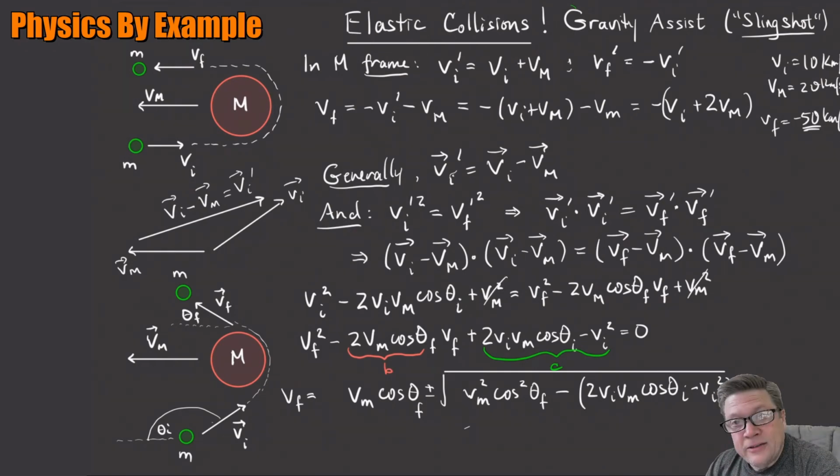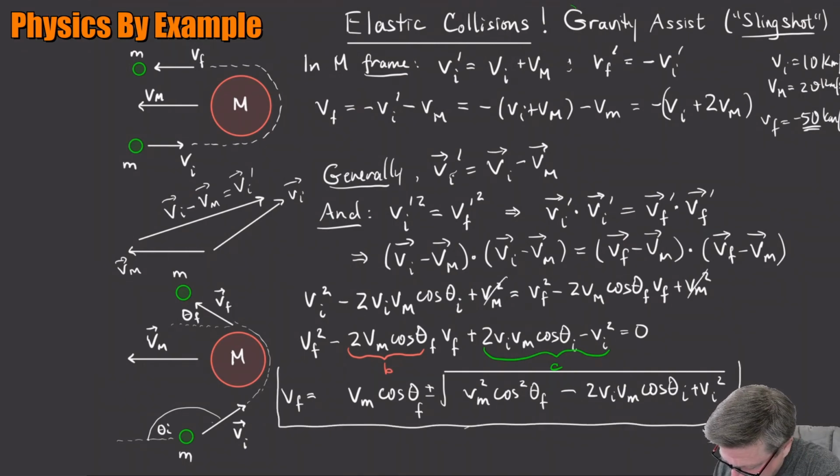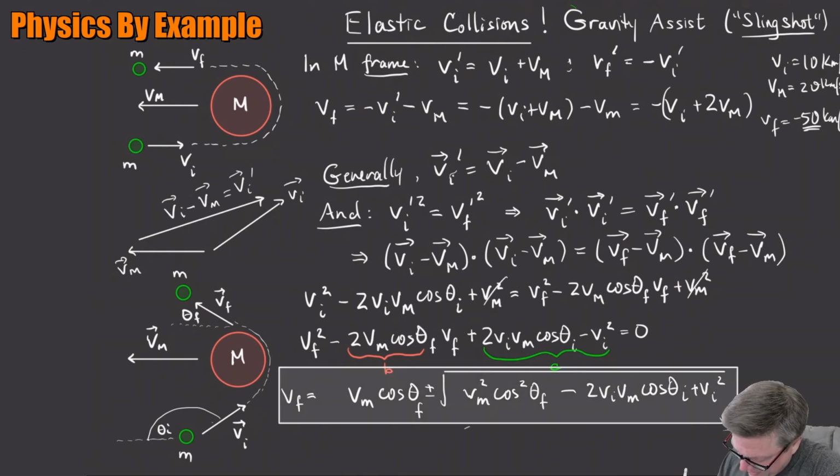In fact, let me make it a little bit better by making that minus and that plus, and then I can take away the parentheses just to make it look a little bit nicer. And I think this is the general expression right there.